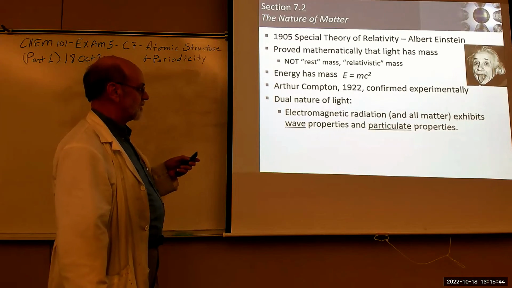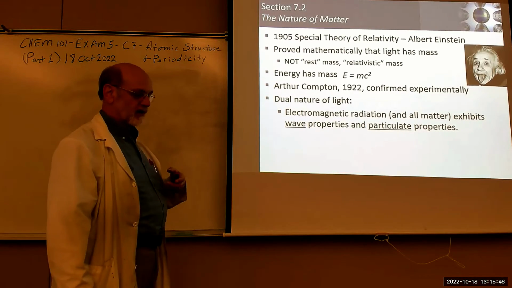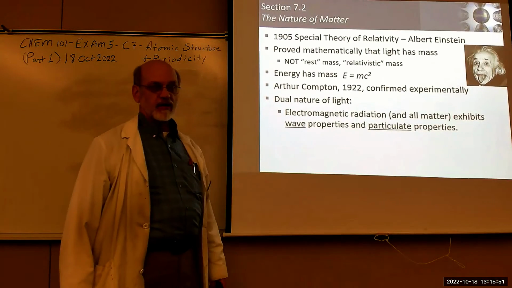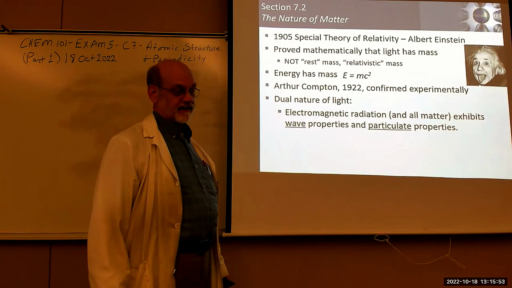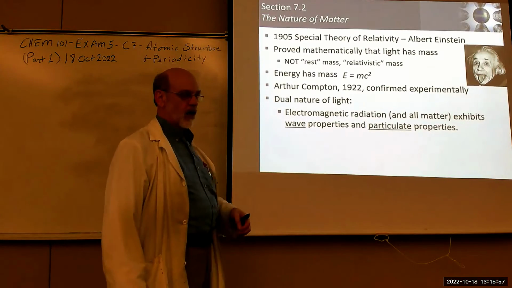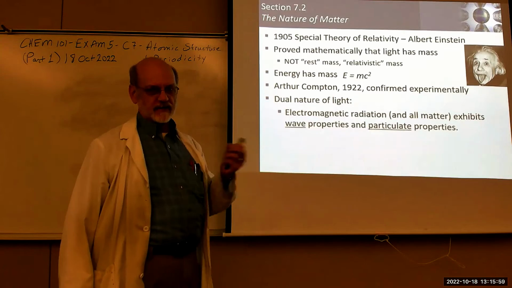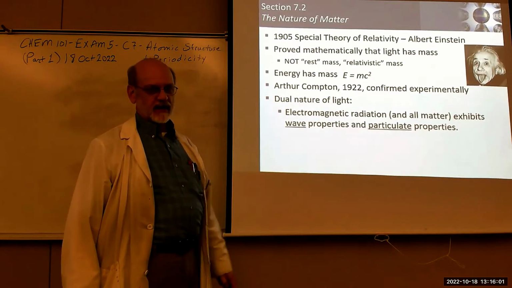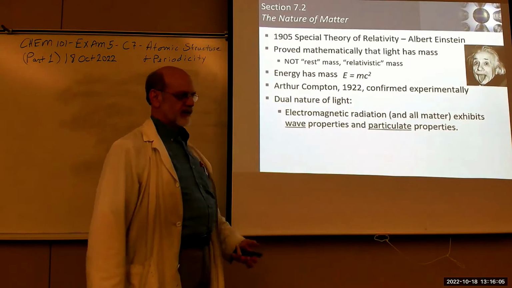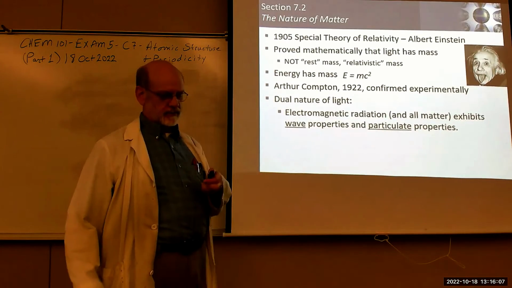For Einstein's theory. Now we have electromagnetic radiation that has wave properties and particle properties. And in fact, that can be expanded to include all matter. All matter has wave properties and particle properties, right? When we get to be this big, matter this big, we generally think of ourselves as only particles.